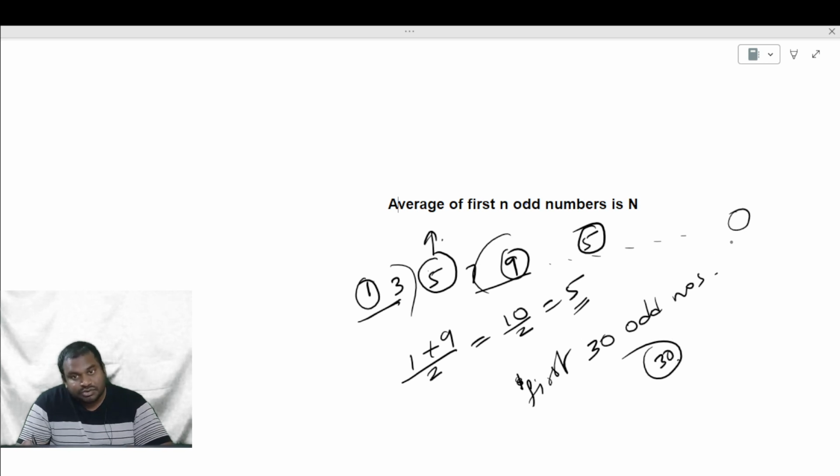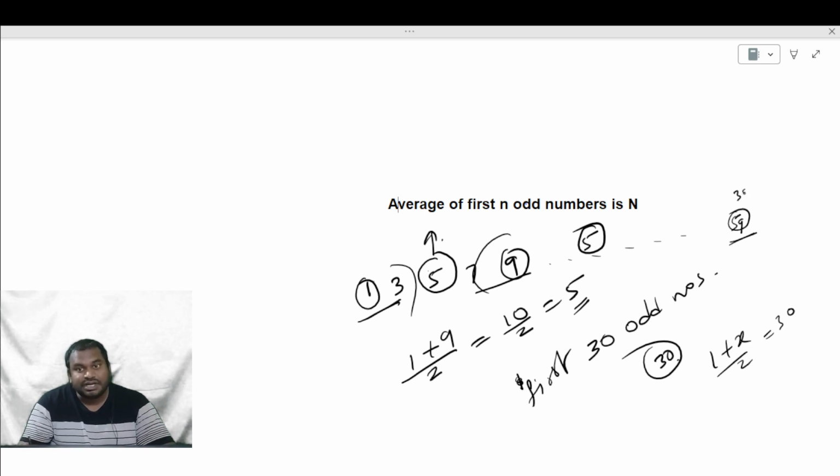So what could this value be? 1 plus x divided by 2 is equal to 30. What is that x value? 60 minus 1, so it is 59.